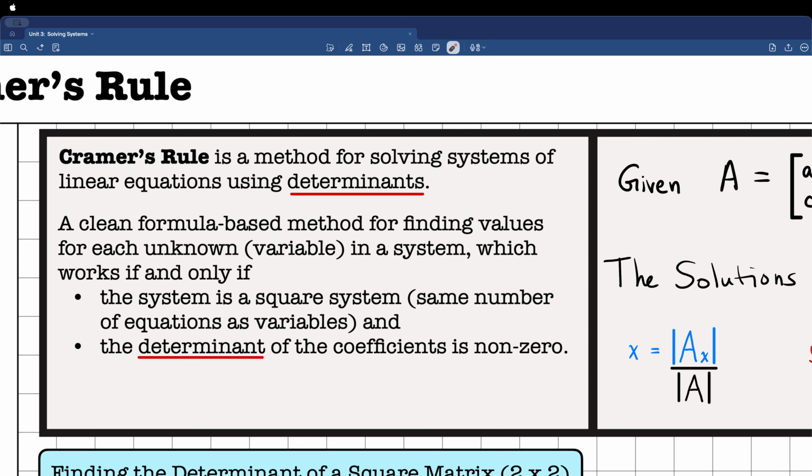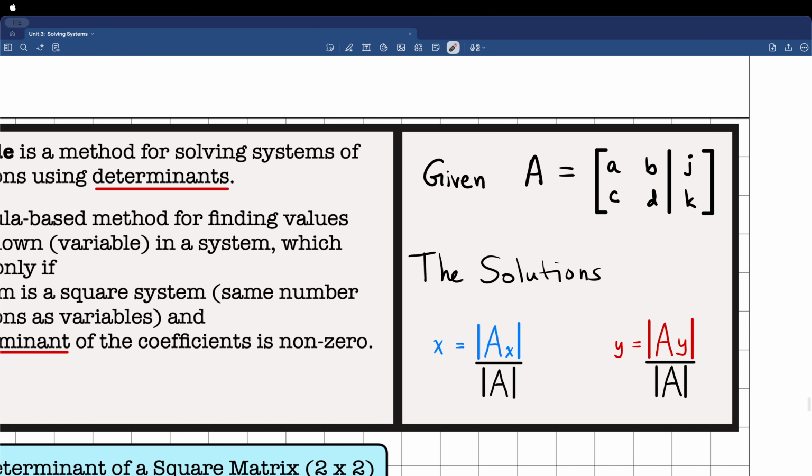Now, if you have two equations and four variables, it is not a square system. The other condition is that the determinant of the coefficients is non-zero. Okay, and that'll be more self-explanatory when we get into the actual Cramer's rule. So Cramer's rule says this: given a matrix A, and so here I have this generic matrix A, B, C, D as the coefficients, J and K as the constants.